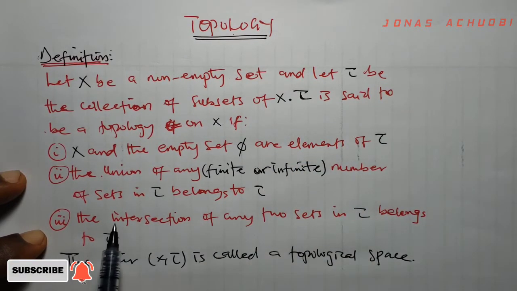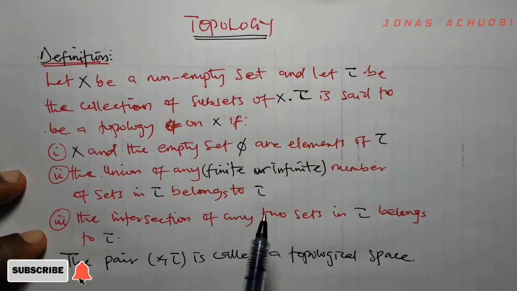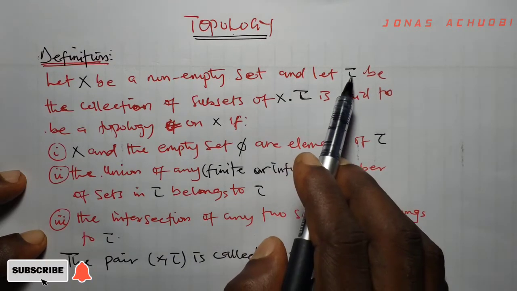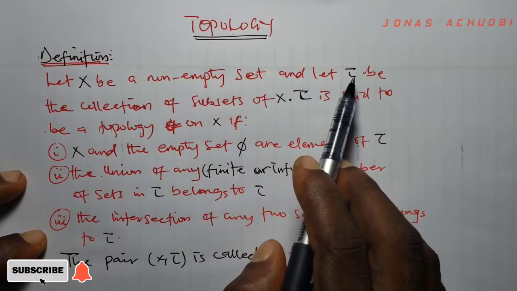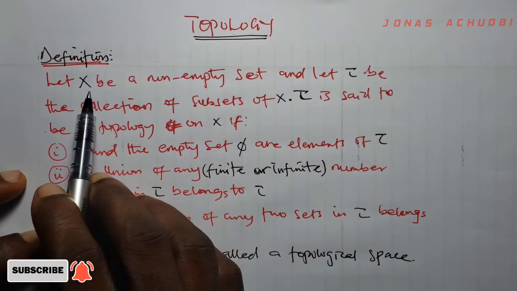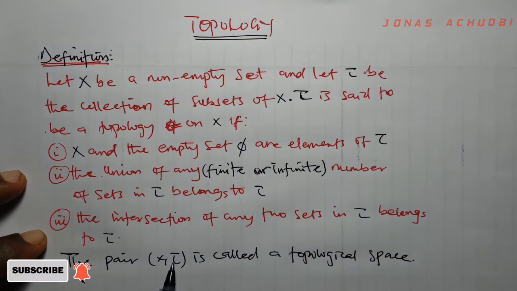And finally, if we intersect any two sets from tau, the result should remain in tau. If this happens, then we say that the collection tau is a topology on the set X. And if tau is a topology on set X, then we bring X and tau together as a pair. We now call this pair a topological space.